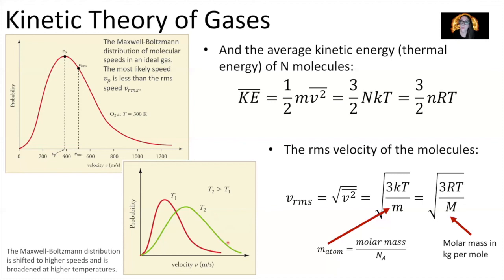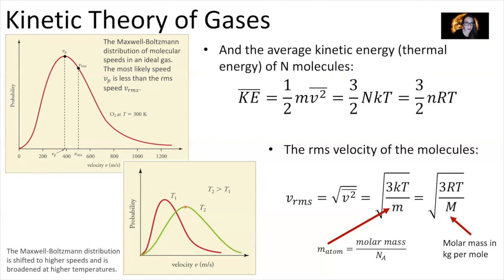Now, this Maxwell-Boltzmann distribution is also dependent on the temperature, and the distribution is shifted to higher speeds and is broadened for higher temperatures of the gas. Here in red, we've got the Maxwell-Boltzmann distribution for a gas at some temperature. And then temperature 2, a higher temperature, is our green distribution.